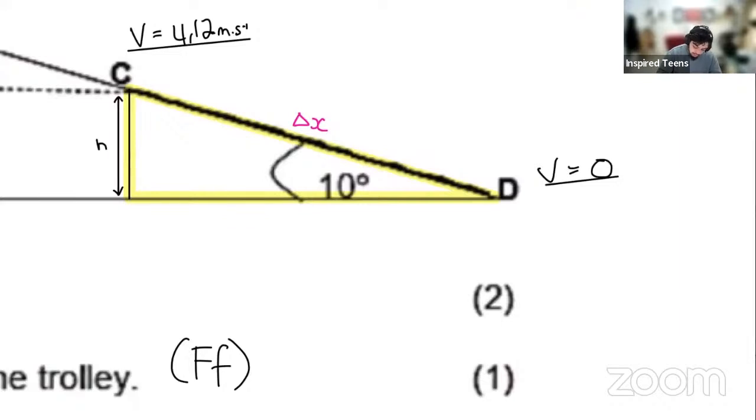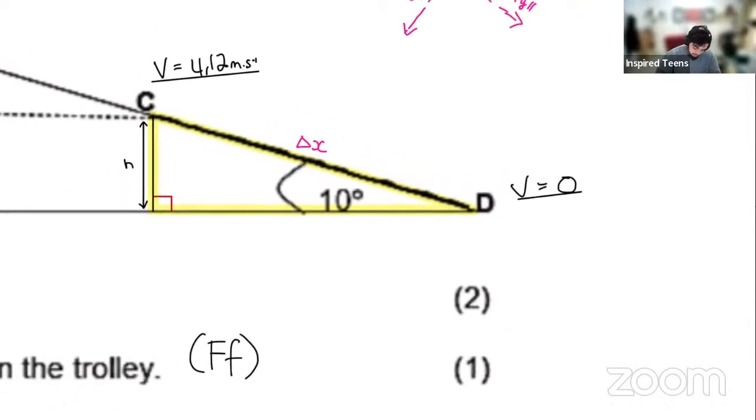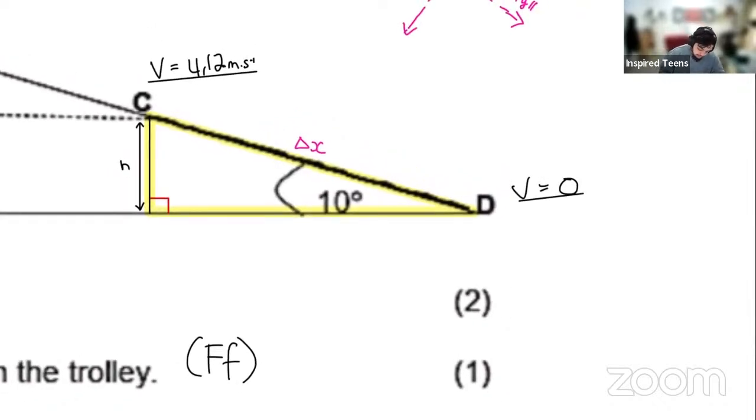It's a perpendicular Pythagoras triangle, so you can use trigonometric ratios to express or calculate certain values. The floor I don't care about, and the distance from here to here is nothing I care about. I care about what's opposite to 10 degrees, its height, and the hypotenuse, which is delta X.